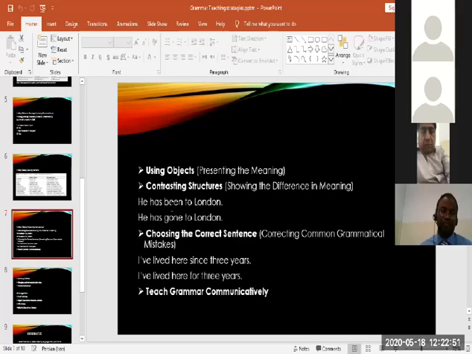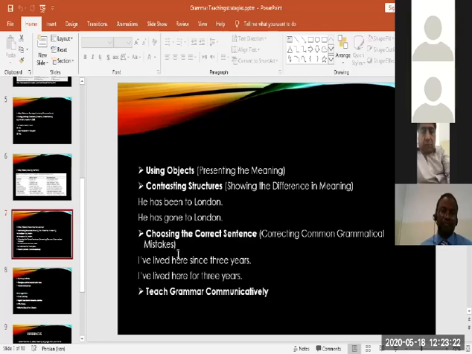So the next strategy is choosing the correct sentence. Here again, we have two rather similar sentences. I've lived here since 3 years, and I've lived here for 3 years. The difference between this strategy and the previous one is that here the students should find the mistake in one of these two sentences. One is correct, the other one is not correct.